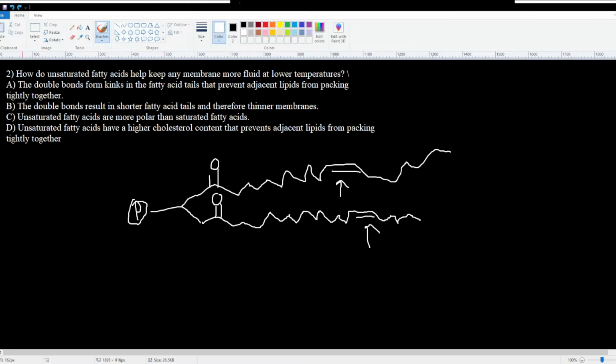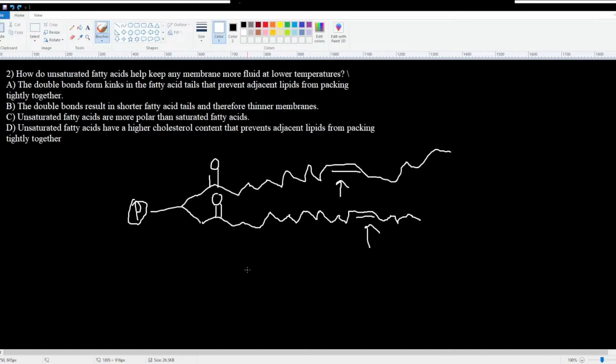All right. So answer B is asking if the double bonds result in shorter fatty acid tails and therefore thinner membranes. That is untrue. Length and double bonds have nothing to do with each other. They are not related.